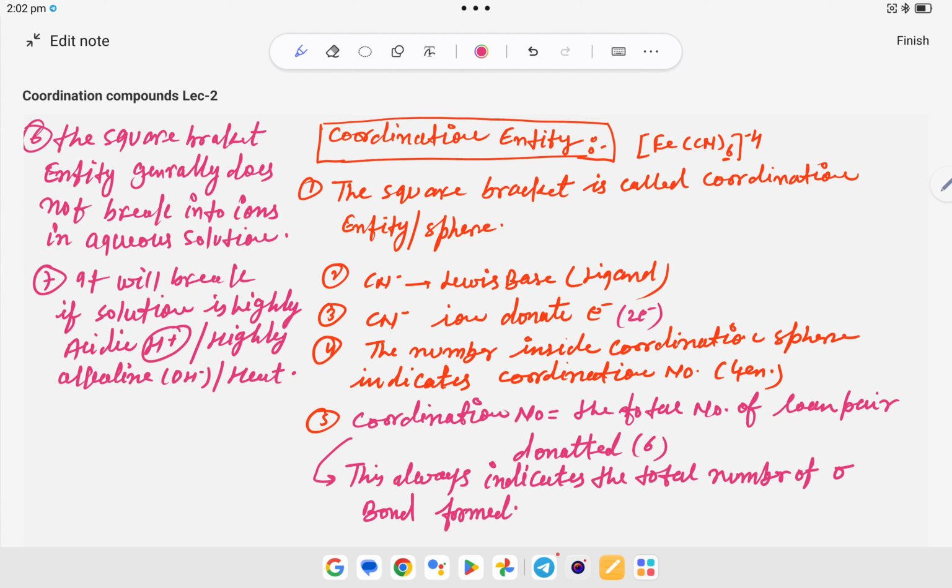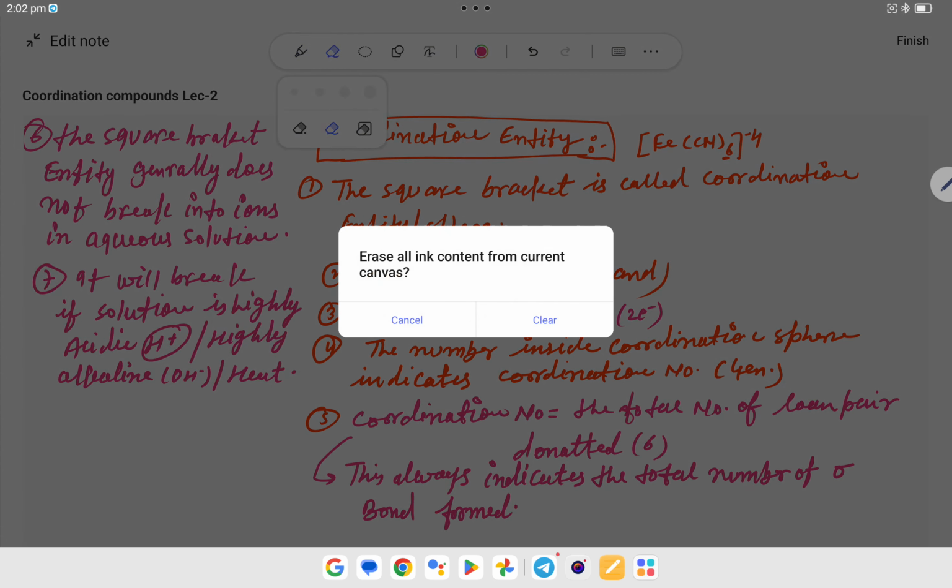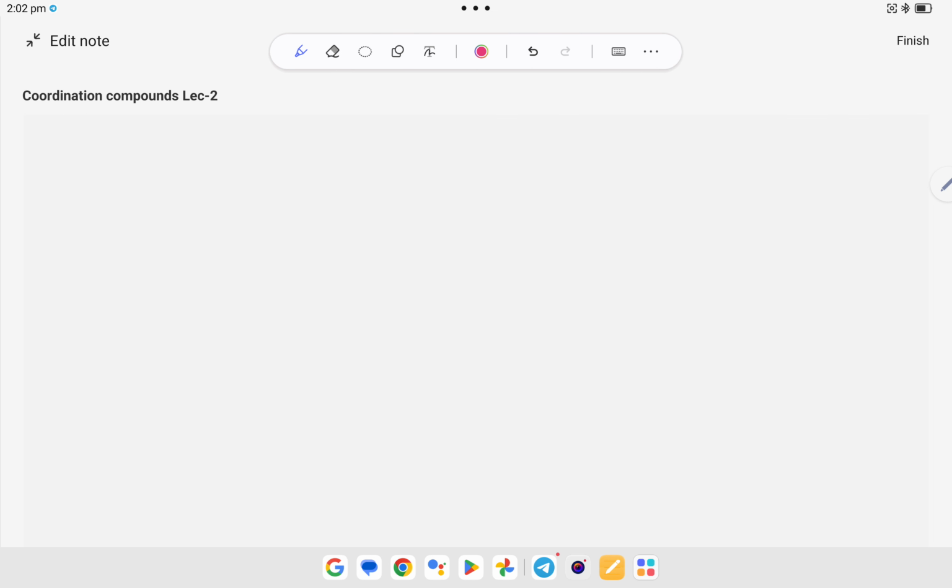Now we will classify the coordination compounds. Okay, classification of coordination compounds. How they are classified, that we will discuss.